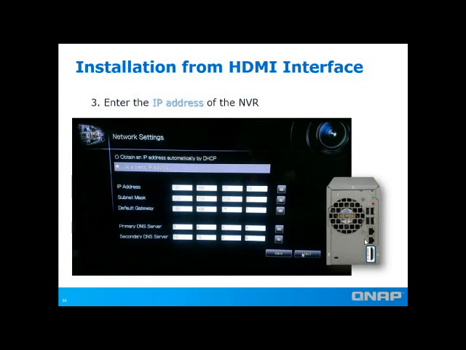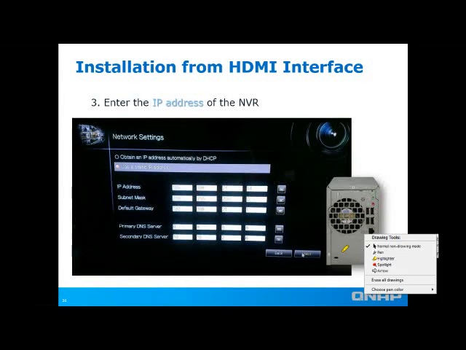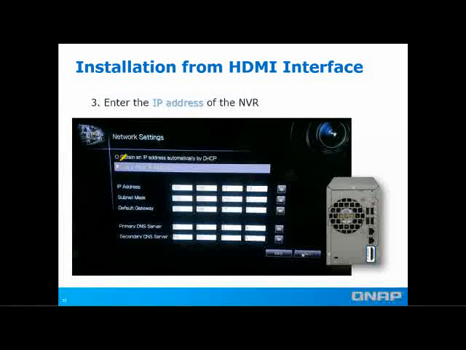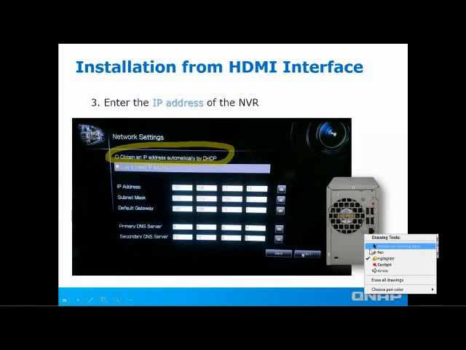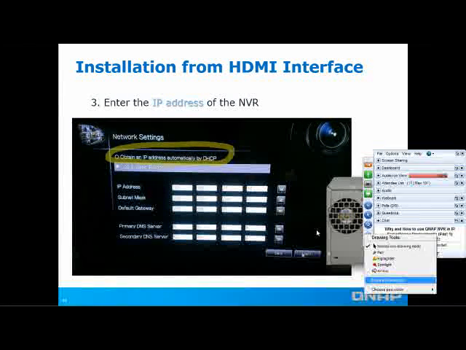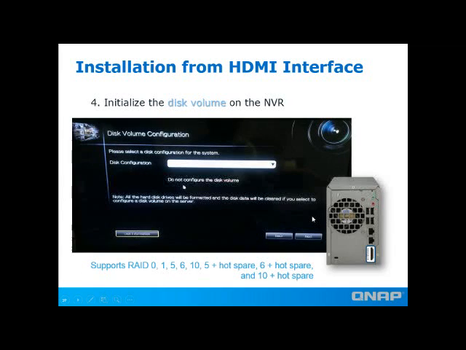The next step is just giving an IP address. If you have a preference, you can use the static mode, or you can just use automatic DHCP. Then the DHCP server in your environment, if you have one, will just assign it. The fourth step is we want to format your hard drive so you can have the RAID array for data protection and also faster read and write performance.